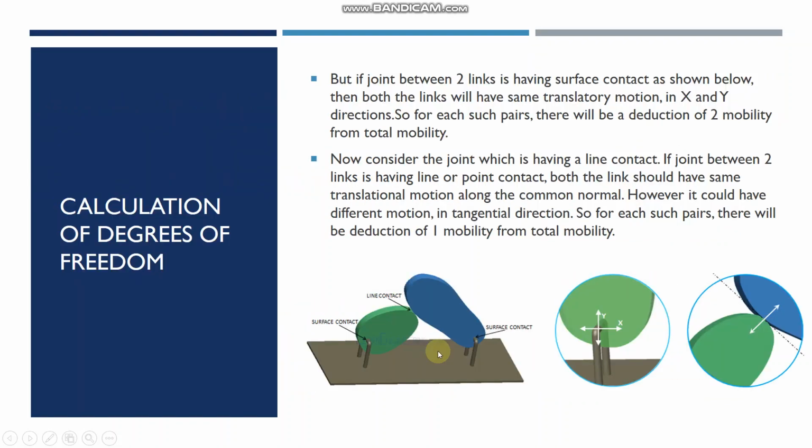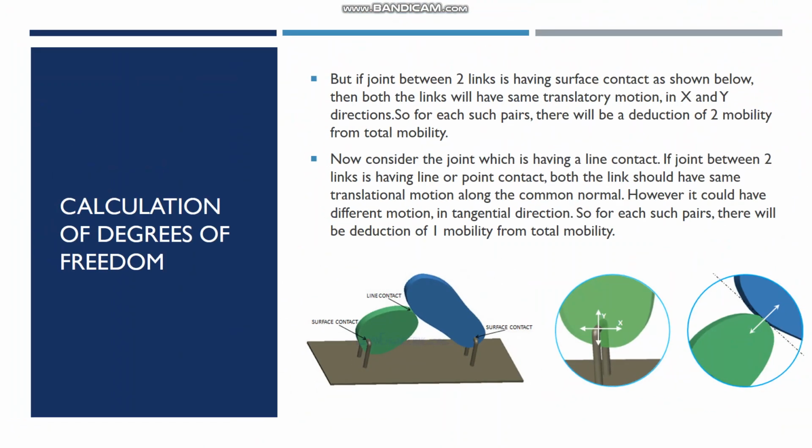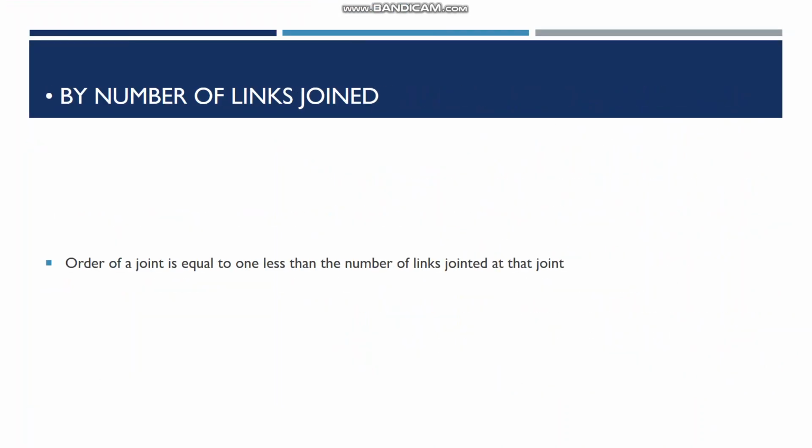But when these bodies came in contact, so there was some contact between them. So let us consider that when these bodies are joined together. So let us first look at this surface contact. What was the term used for surface contact? We said earlier, it is called a lower pair.